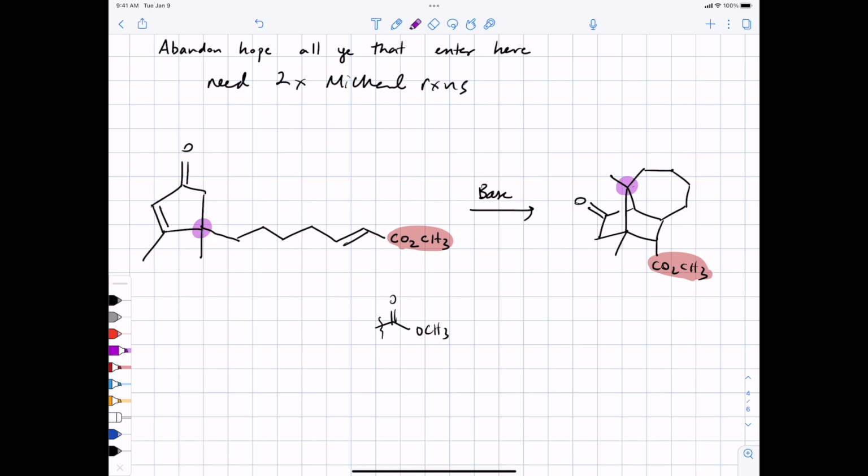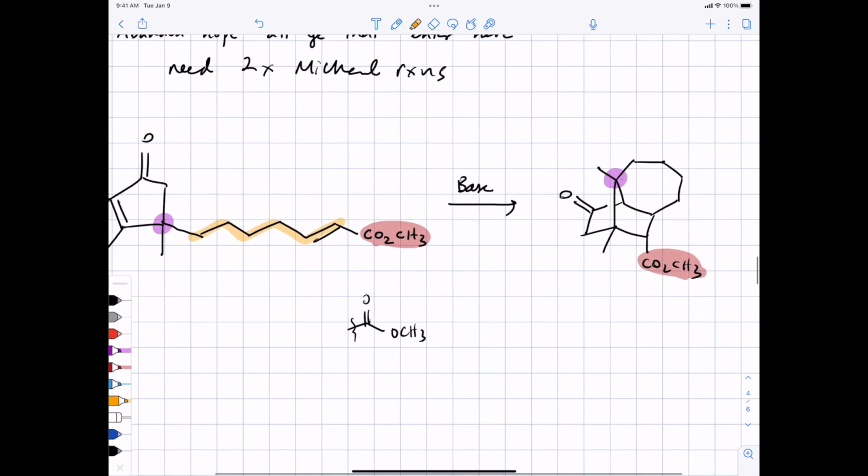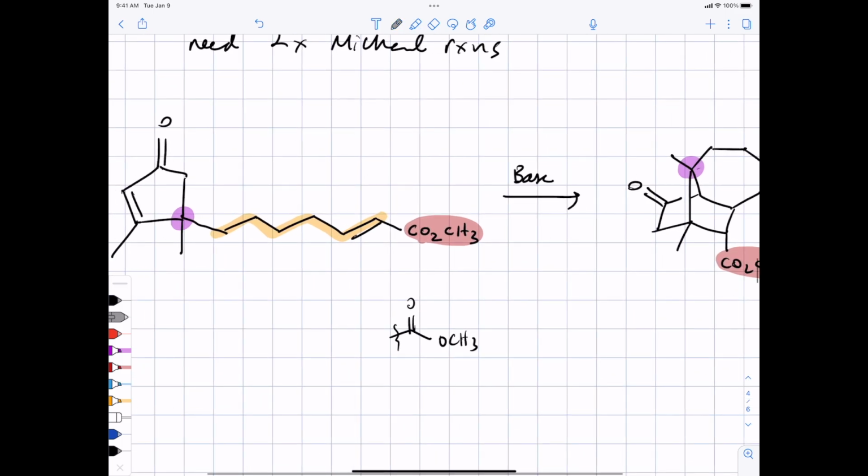So probably then, if that's the quaternary carbon and the ester is there, probably this bit is the bridge, the connector or the linker between the purple quaternary carbon and the ester group. Let's see if we've got actually enough carbons to do that. Let's start with the ester. 1, 2, 3, 4, 5, 6, 7, and 8.